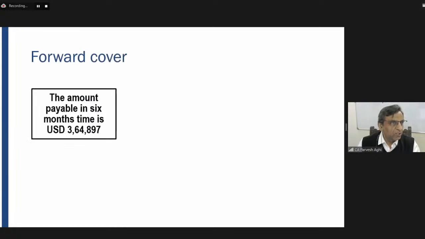Okay, so let's look at the forward cover first. So the amount payable after 6 months, we know, is 3,64,897. So this is the amount which is payable after 6 months.